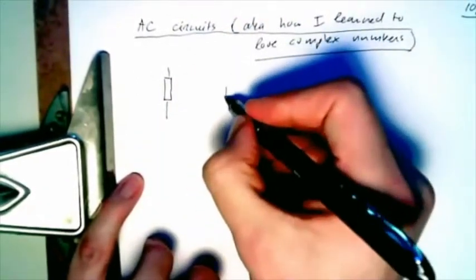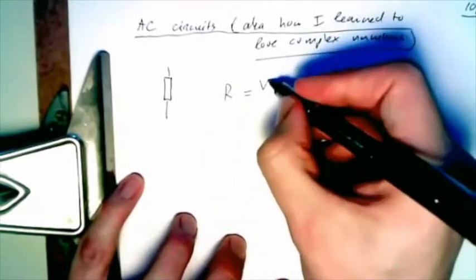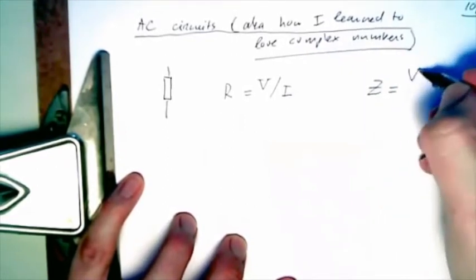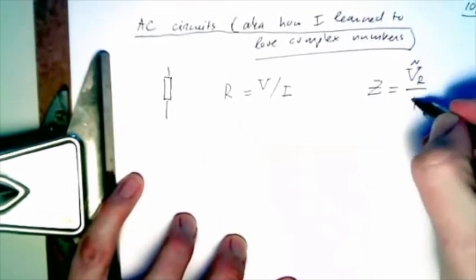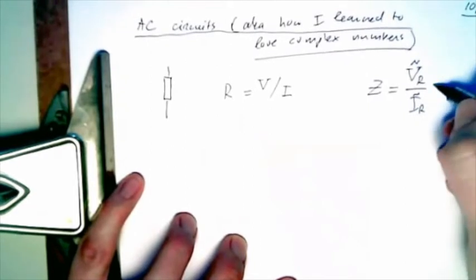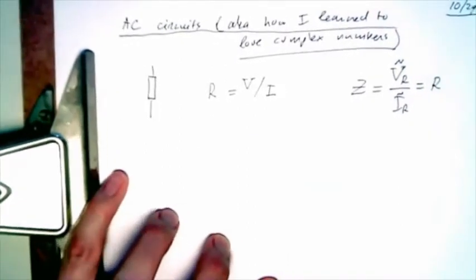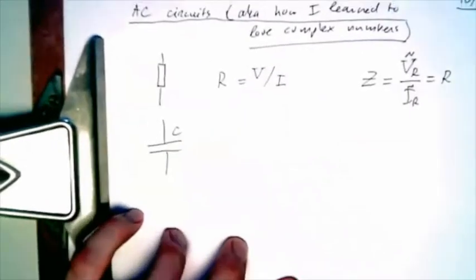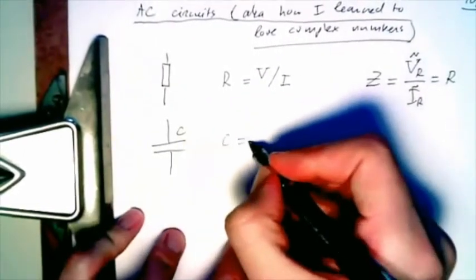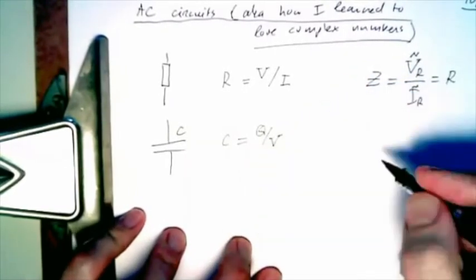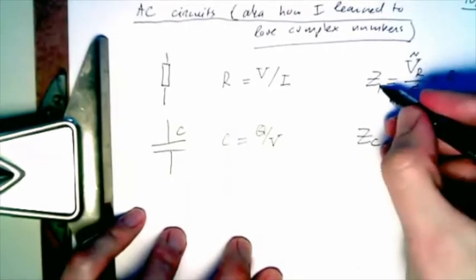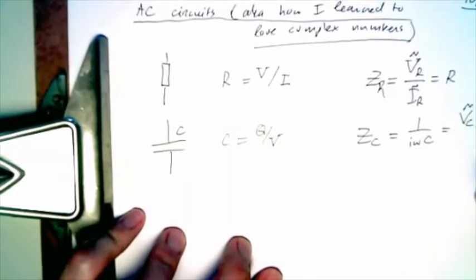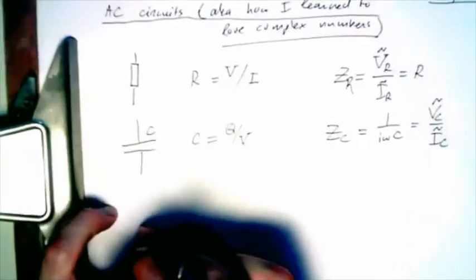We had the resistor, R, where the current-voltage relation is V over I, and the impedance, which was by definition the voltage phasor over the current phasor, for a resistor is R. And for a capacitor, we have C is Q over V in real space, but in complex space, the impedance is 1 over i omega C. And that is also, by definition, the voltage phasor over the current phasor for a capacitor.